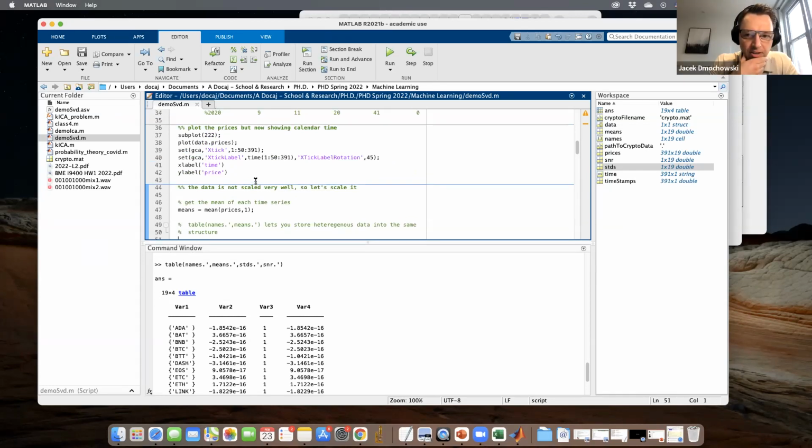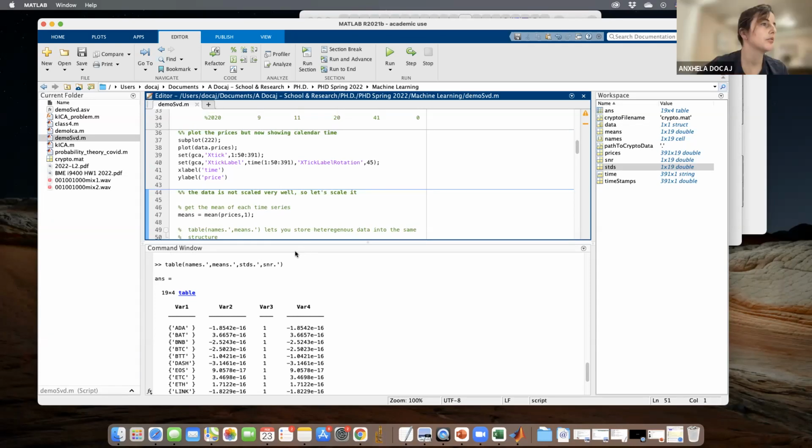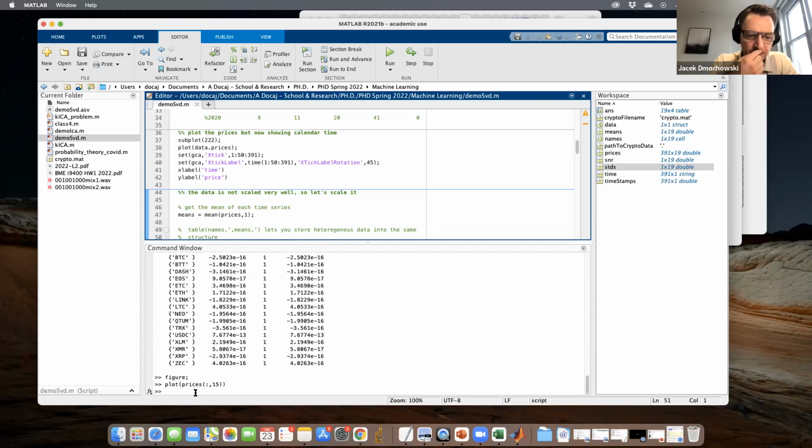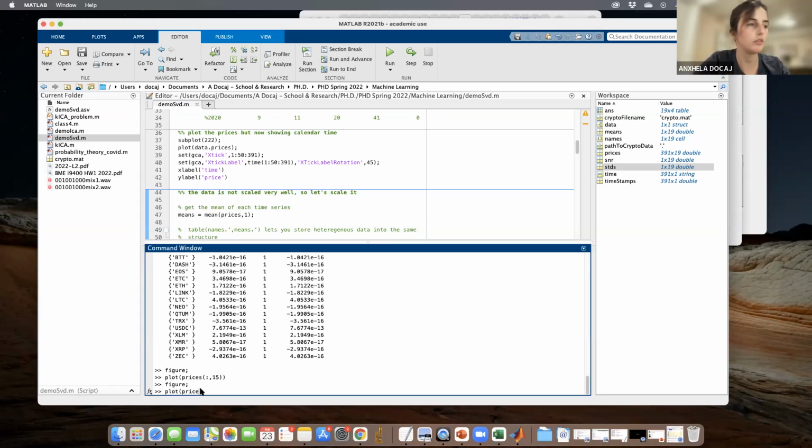Okay, so can you do a figure plot of prices for me, like in the command window? Just all of them. Like this?